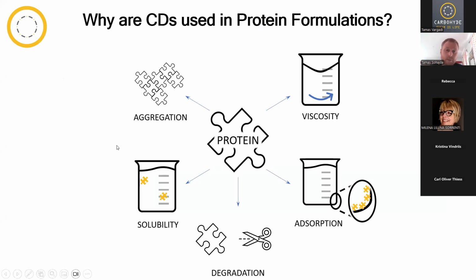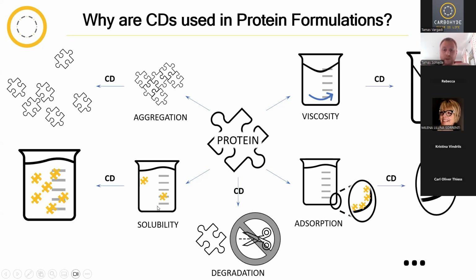With proteins, the primary application is prevention of aggregation, because the cyclodextrins can stabilize the protein physically and prevent their interactions. They can also help in reducing the viscosity, or at least not contributing to the viscosity, prevent the adsorption of the protein on the wall of the container or the application surface, or increase the solubility in certain cases.